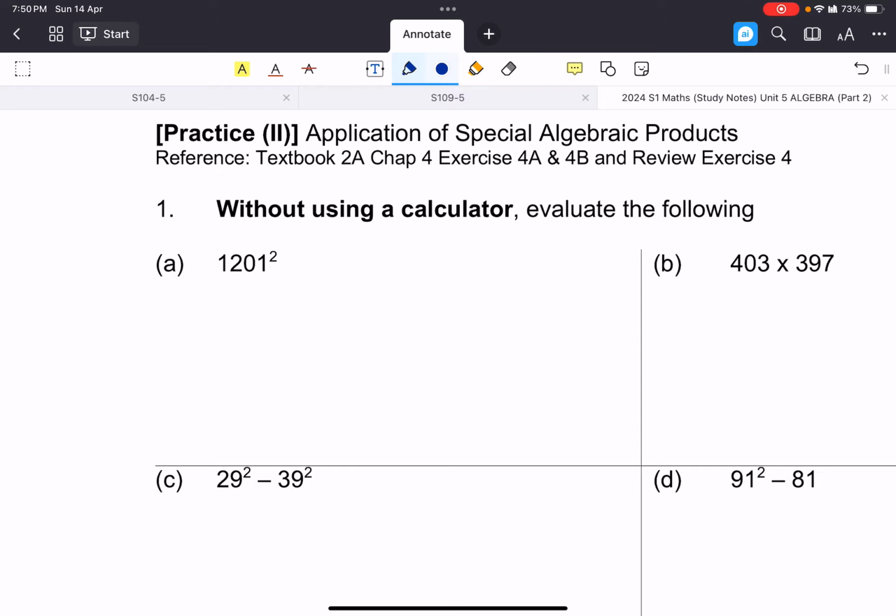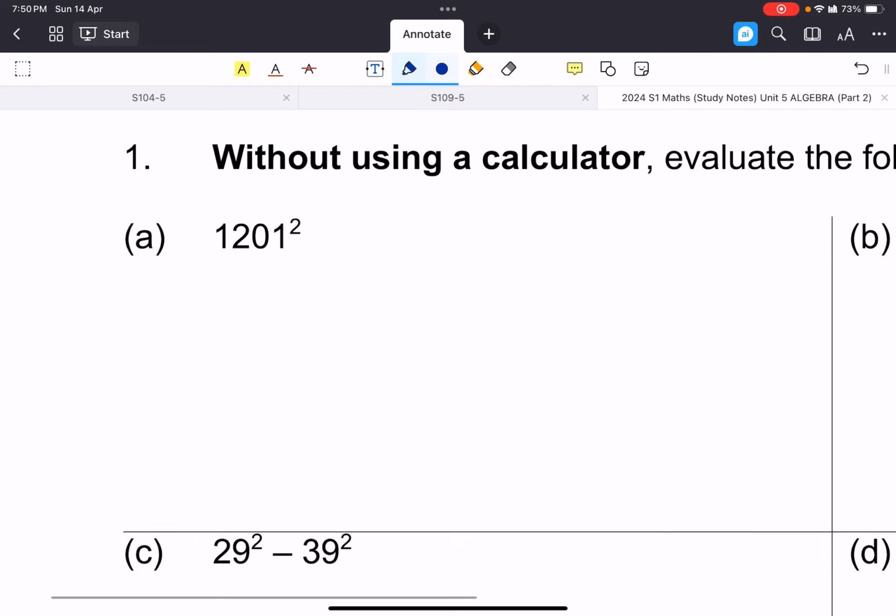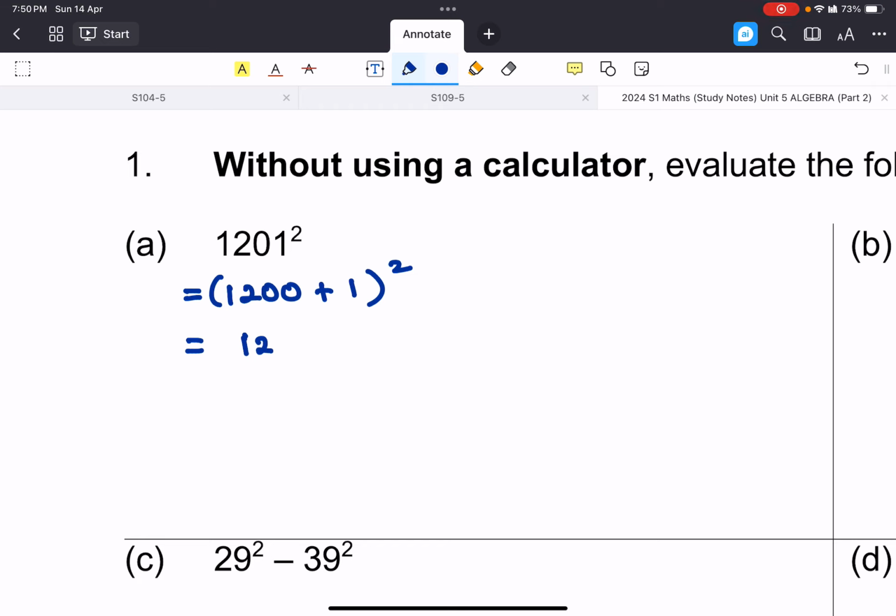Because over here, I'm going to look at this and say, okay, this is actually this scenario. And because I know my identity very quickly, this will be 1. In fact, I can actually break it up further.